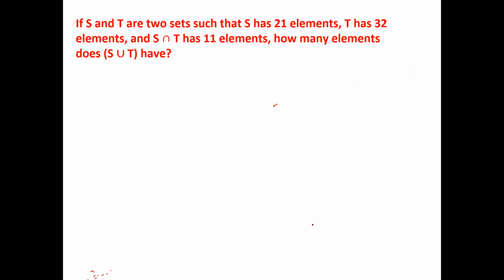If S and T are two sets such that S has 21 elements, T has 32 elements, S intersection T has 11 elements, how many elements does S union T have? Generally, in the competitive exam, they will not ask you directly like this. They will say, how many elements are there? How many people are doing at least one? Something like that.